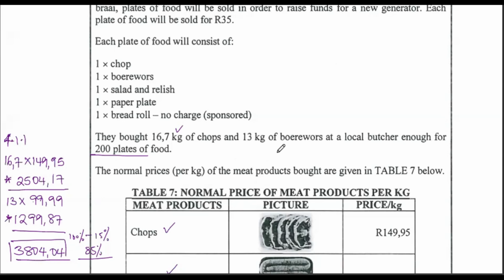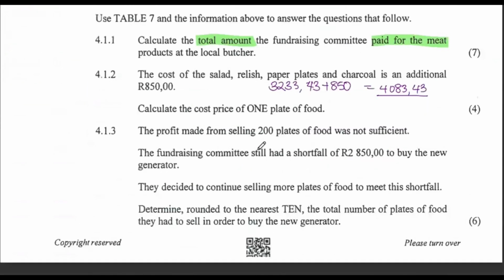So if they spent this much to produce 200, how much did they spend on each plate? So we divide this by 200, so they have spent 20 rand and 42 cents on each plate.